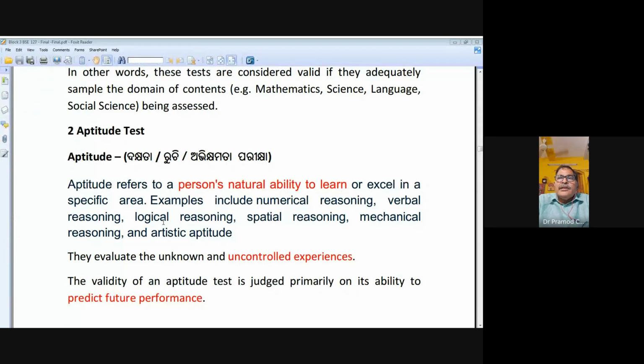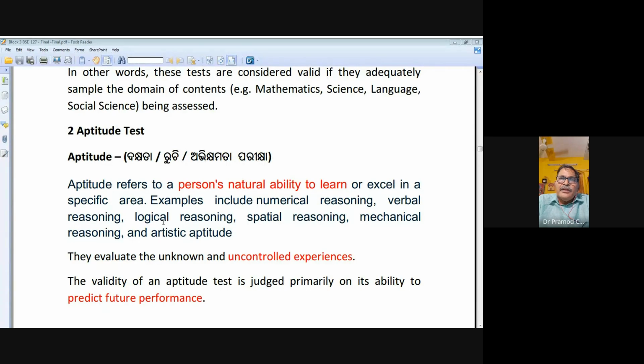Suppose you are going to develop your reasoning power, numerical reasoning power, verbal reasoning power, or whatever it may be. And suppose spatial reasoning power, mechanical reasoning power, artistic aptitudes. Suppose you are very much interested to play with numbers. Suppose you are very much interested to give lectures, or you are participating in debate competitions.